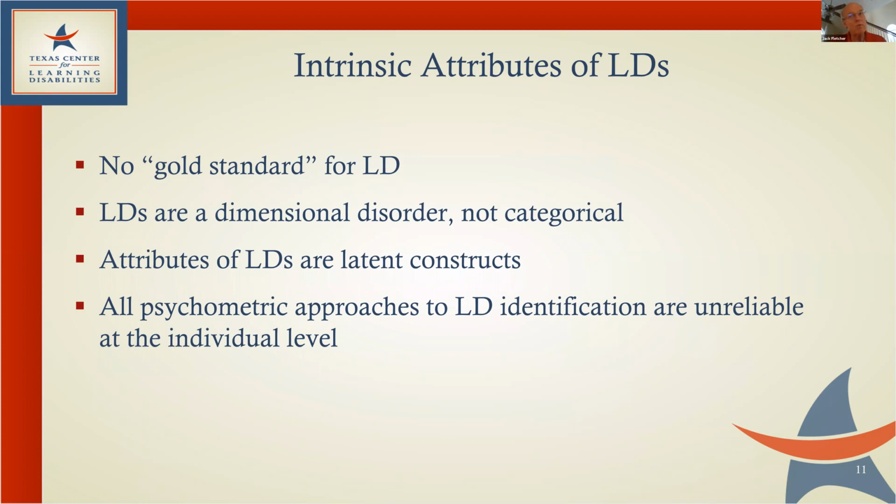We don't have a firm threshold. We don't say it's 2 standard deviations below the mean, it's 70. We do use that as a threshold, but then we apply the measurement error, which for a 95% confidence interval is 2 standard errors of measurement, or 2.5 points on either side.